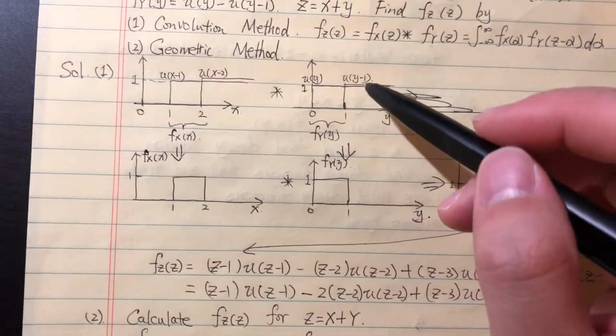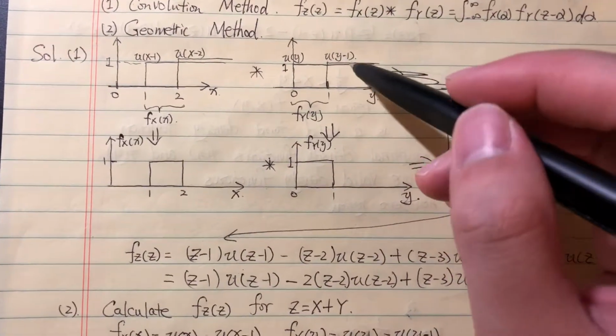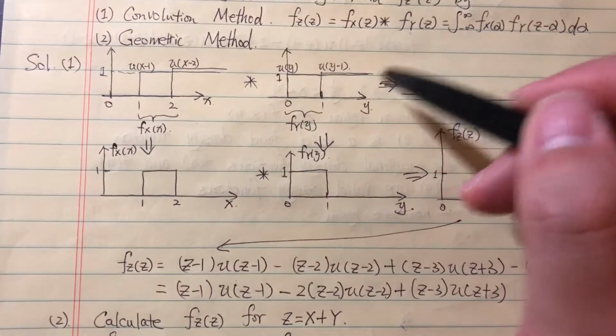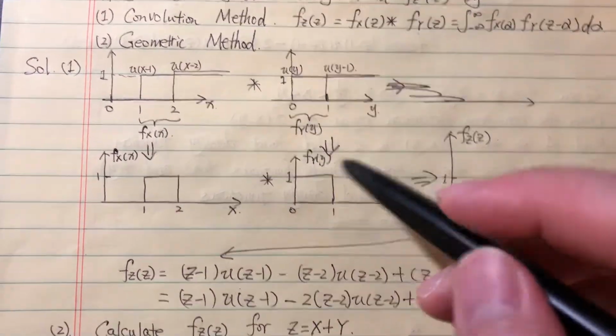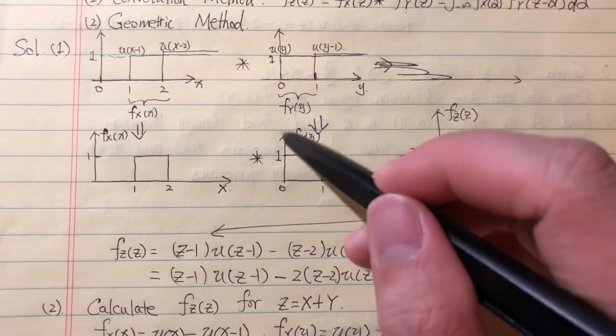And the same for fY(y), which is u(y) minus u(y-1). It turns out to be this one, in the region of 0 to 1 with magnitude 1.